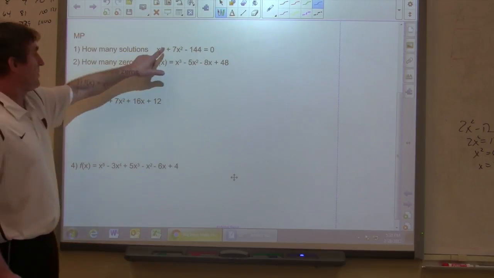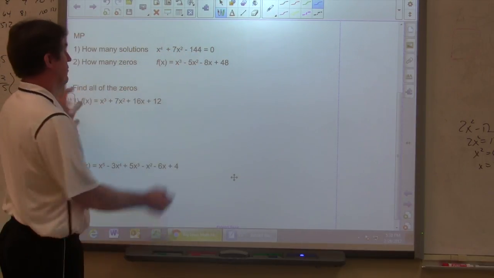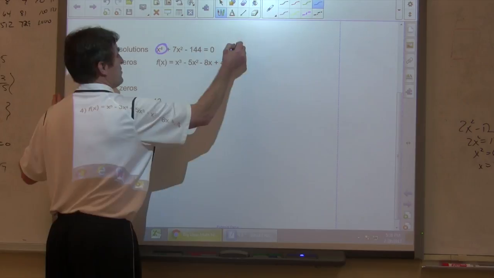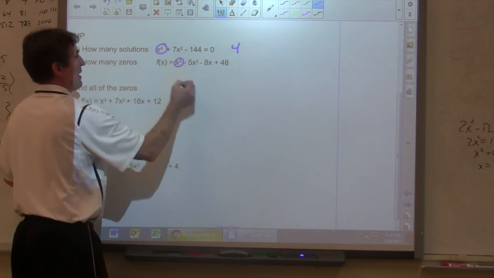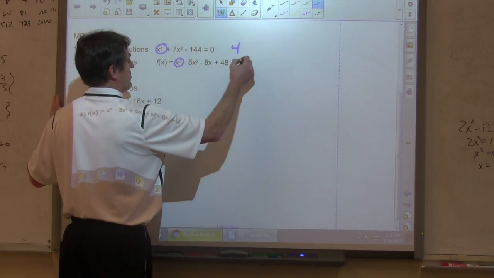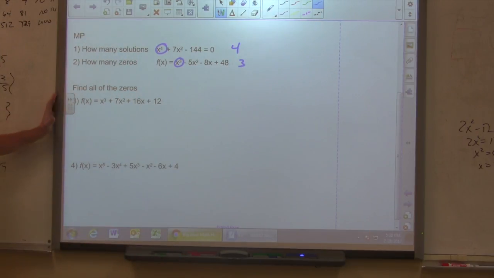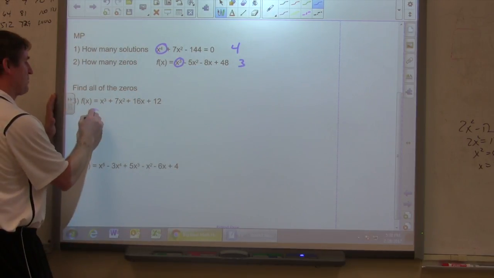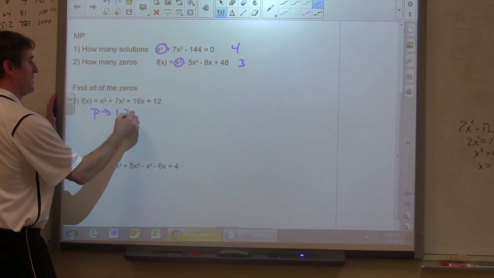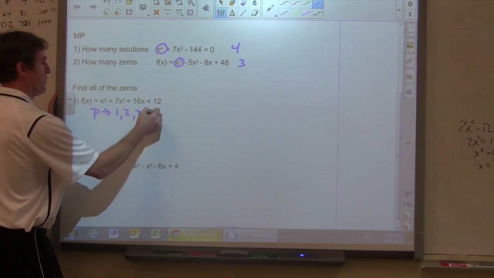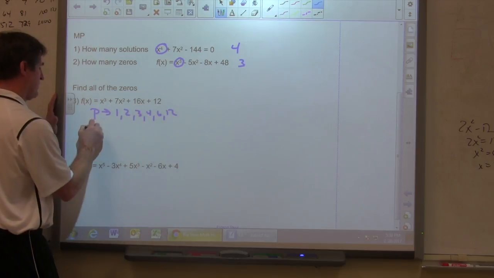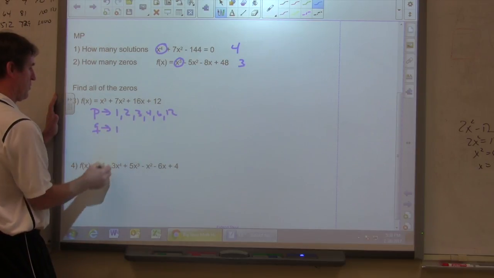So this first one, x to the 4th plus 7x squared minus 144, the highest power is 4, so it's 4. Highest power is 3, so the number of zeros is 3. All right, so now this one, a little bit more work to do. We're going to take our factors of p, which are 1, 2, 3, 4, 6, and 12. Our factors of q are 1.